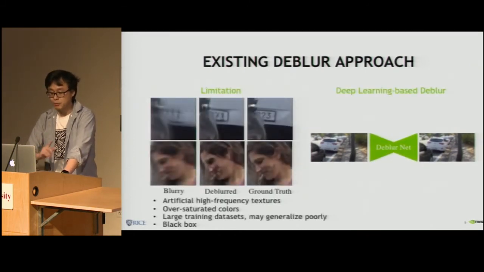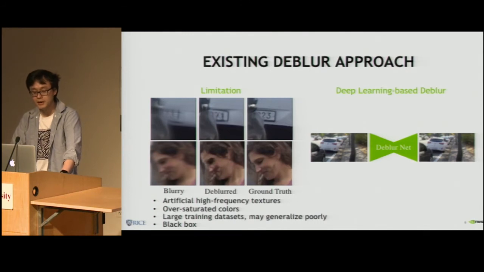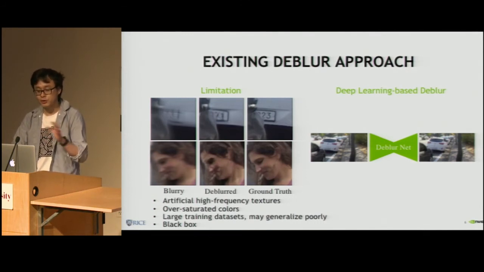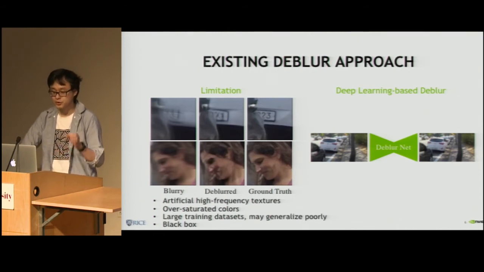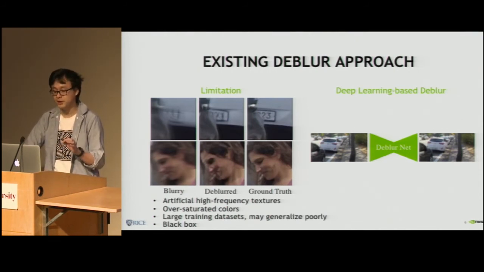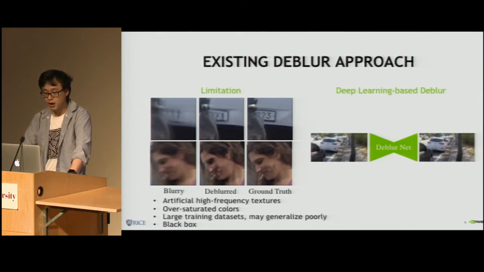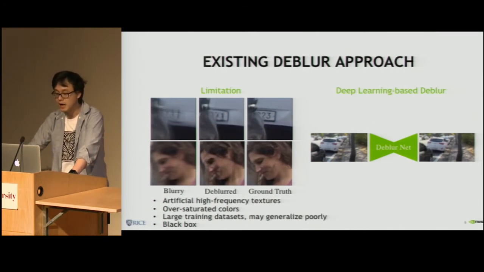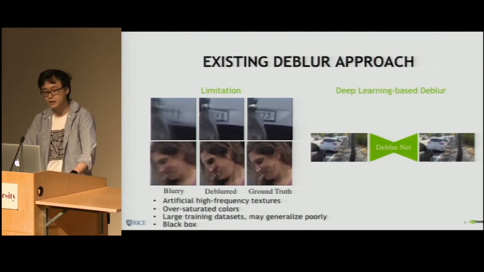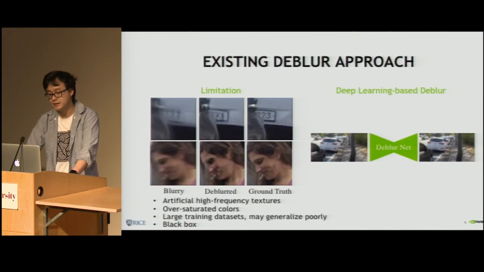However, the problem with this approach is that sometimes it produces only sharp-looking images which contain some artificial high-frequency texture, but such sharp images may not be faithful to the ground truth. Such artifacts are even more common in the now very popular generative adversarial networks. At the same time, the deep learning-based approach requires a large training dataset and may not generalize very well on data outside the training set.